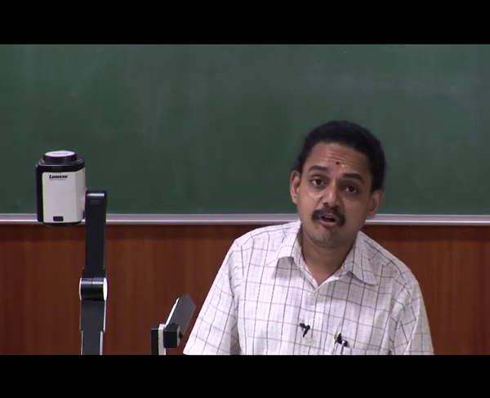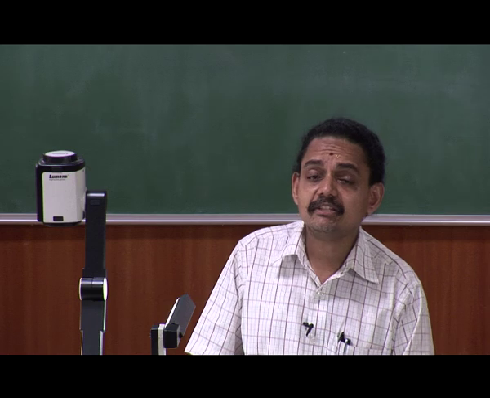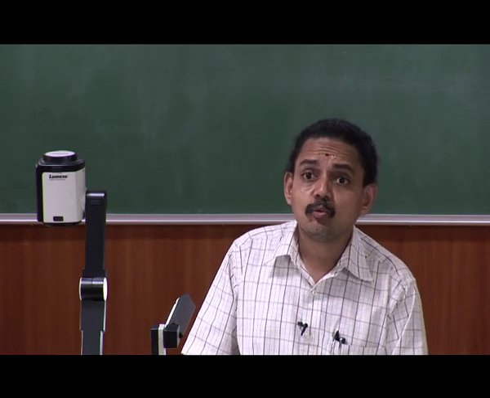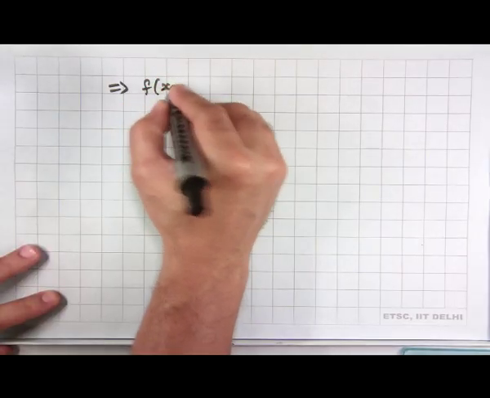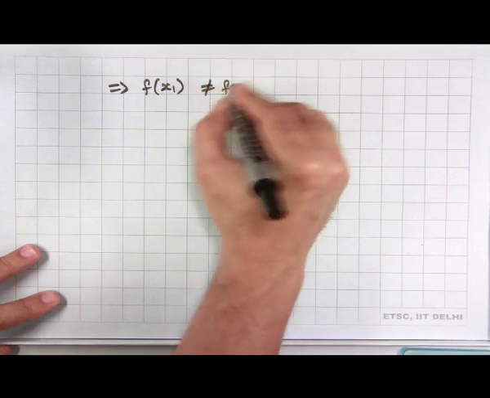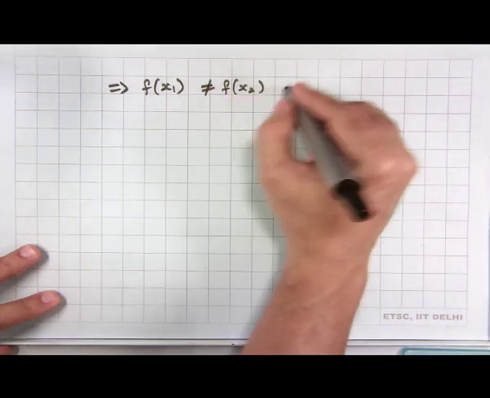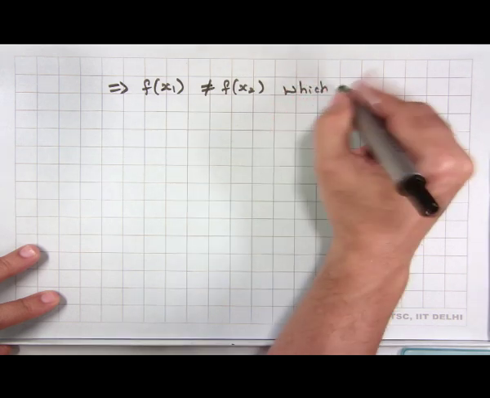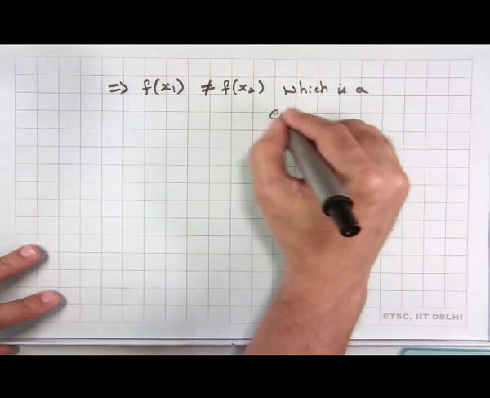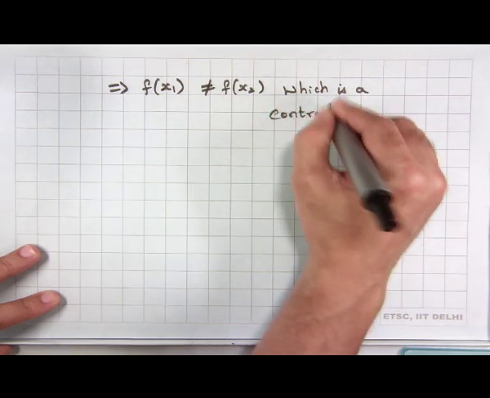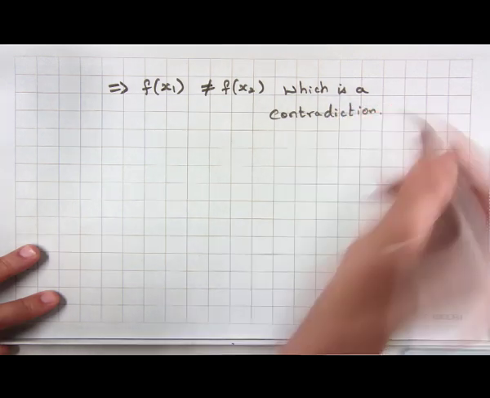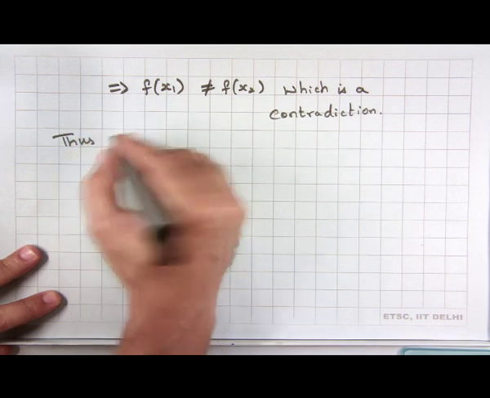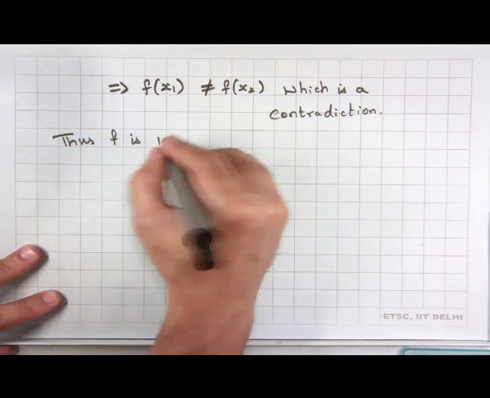What we have shown is that the singleton set containing f(x1) and the singleton set containing f(x2) are not one and the same. That immediately implies that f of x1 is not equal to f of x2, which is a contradiction. Thus, f is 1-1, or an injective function.